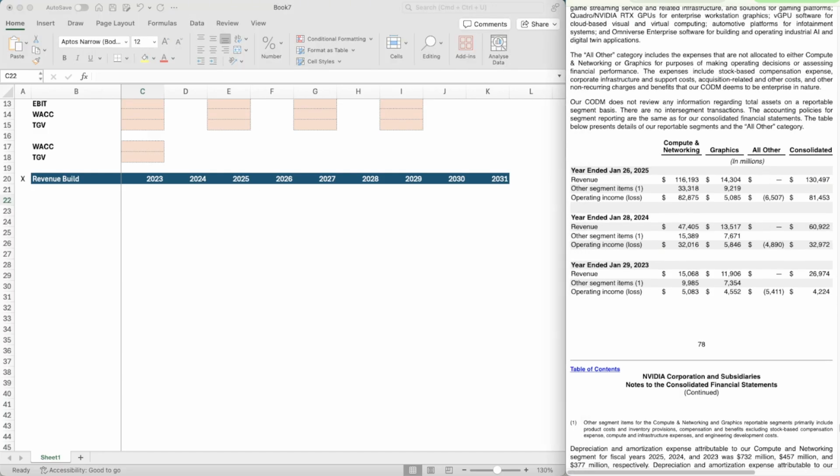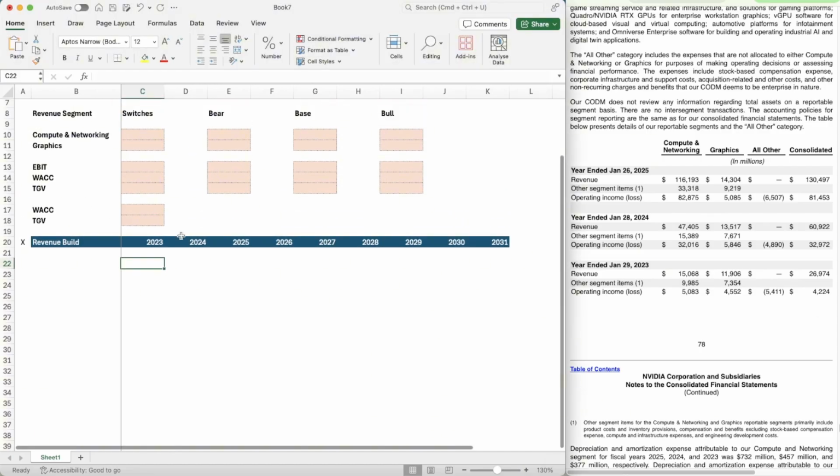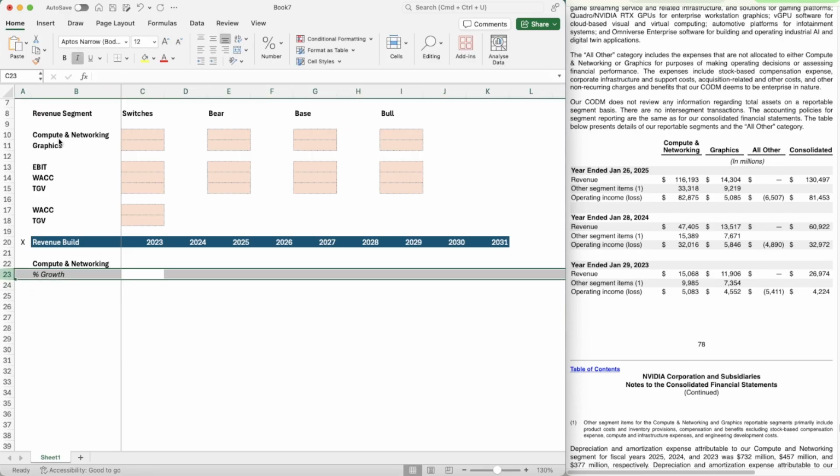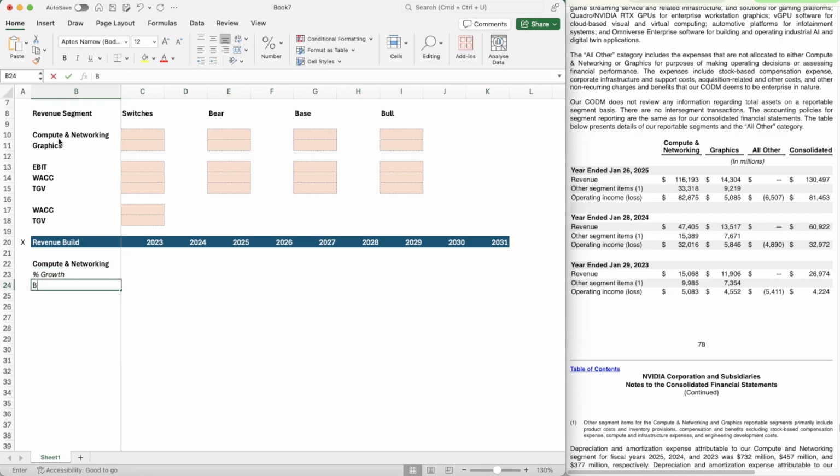So we use this figure here for the full year revenue for what we're going to put onto the spreadsheet. So equals this. And we want to know what the growth of that is, and we know for Nvidia it's going to be huge.